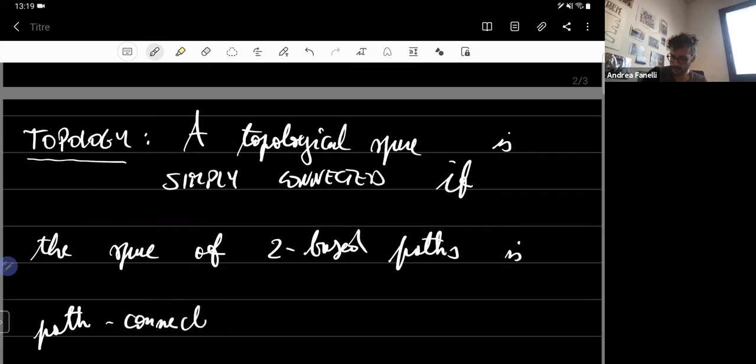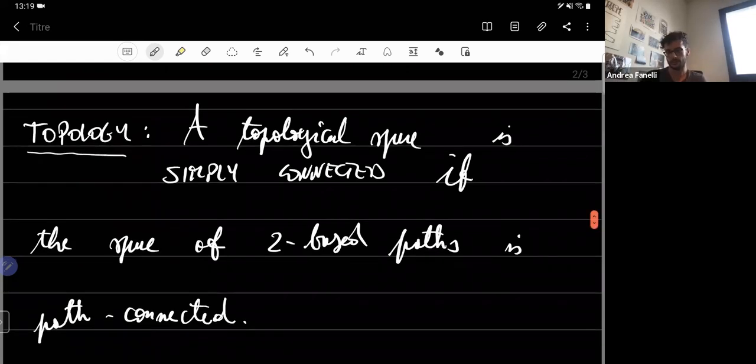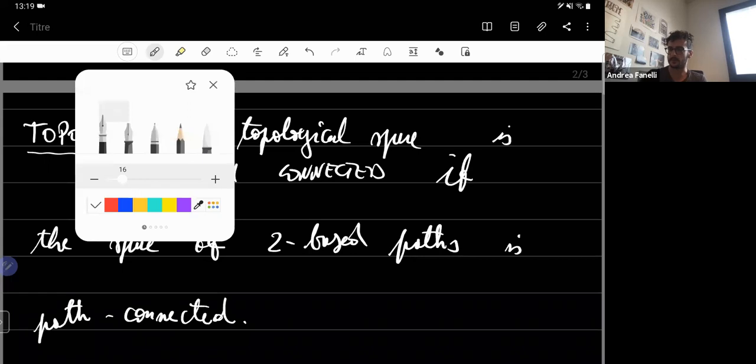This is one of the equivalent definitions. Take this as the definition of simply connected in topology, and let's make it algebraic geometric.